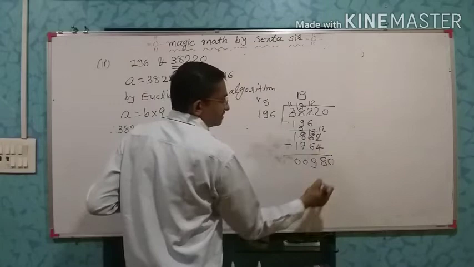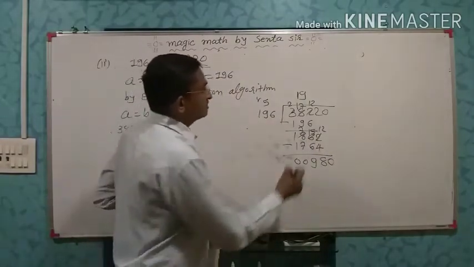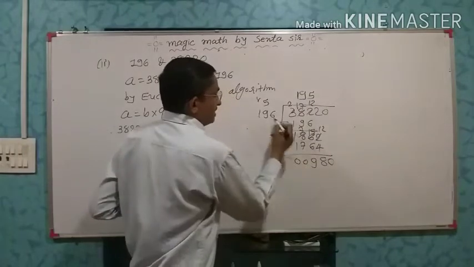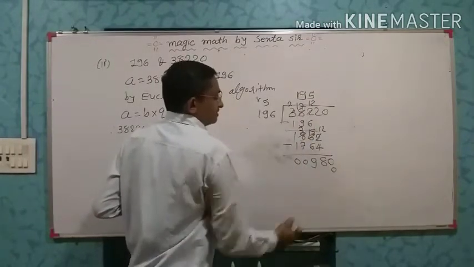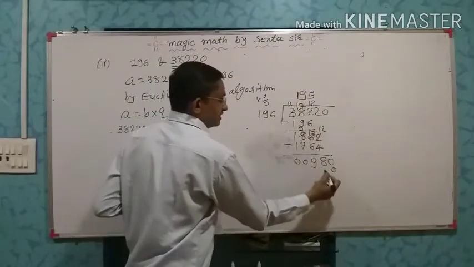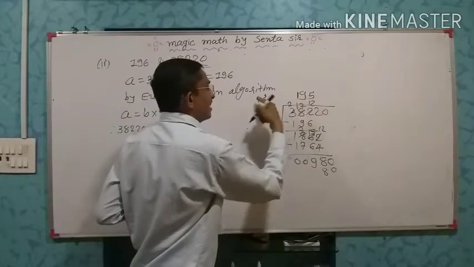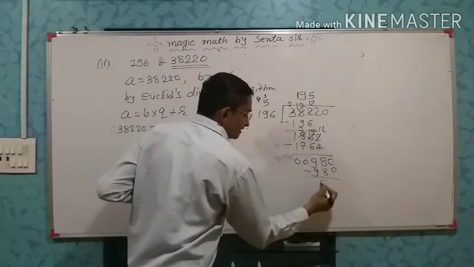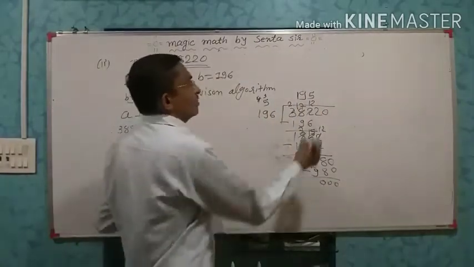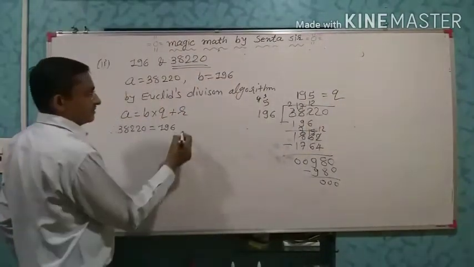We take 0. 196, 5s are 6 5s are 30, 3 carry, 9 5s are 45 plus 3 48, 4 carry, 1 5s are 5, 5 plus 4, 9. Remainder is 0. Quotient is equal to 195.